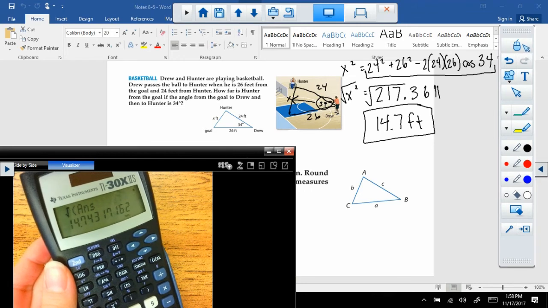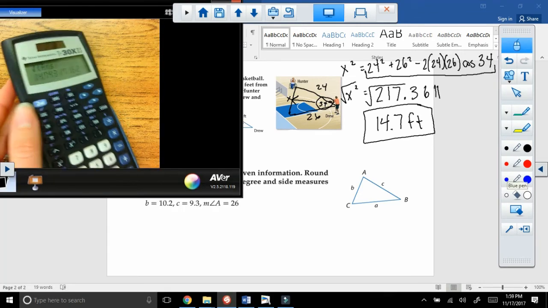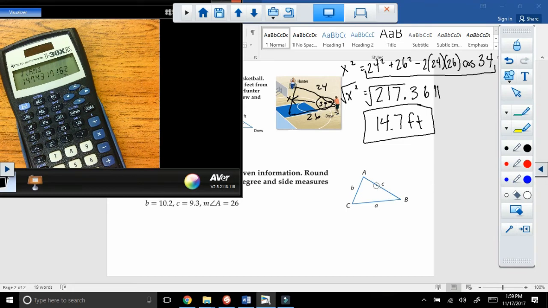And then for the last one, they tell us that the side b, so I know that that's the side because there's a lowercase b, is 10.2, c is 9.3, and angle A is 26 degrees. Whenever it's set up like this and you have one angle and you have the side on either side, you have to start this one out with law of cosines because this one is opposite from that angle.